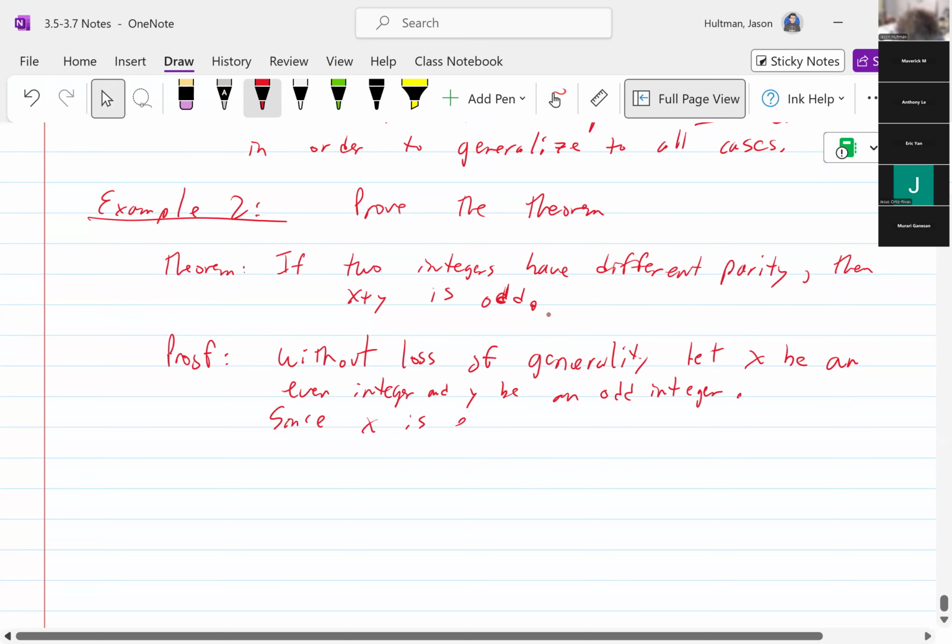Since x is even, there exists an integer m such that x is equal to 2m.